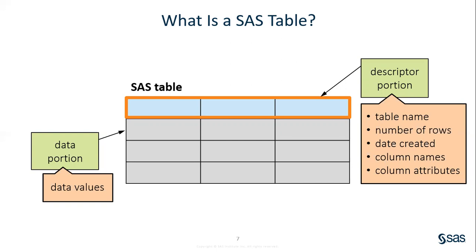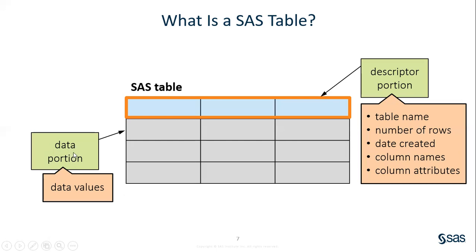All right. So what is a SAS table all about? A SAS table, generally as a table, we know that it consists of rows and columns. But in SAS, we can also move one step ahead and define that a table has two portions, a descriptor portion and a data portion. Understand, a table in SAS has two portions, descriptor and data portion. So what do you mean by a data portion? It's very simple.